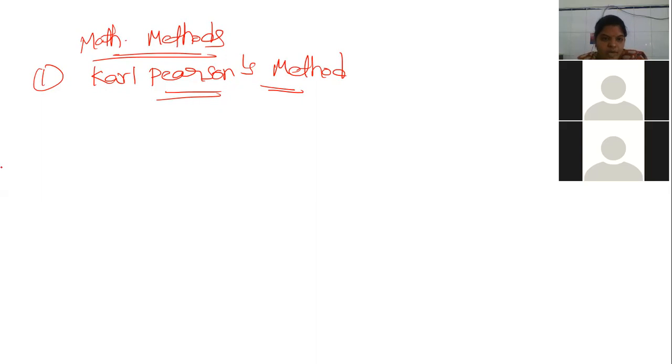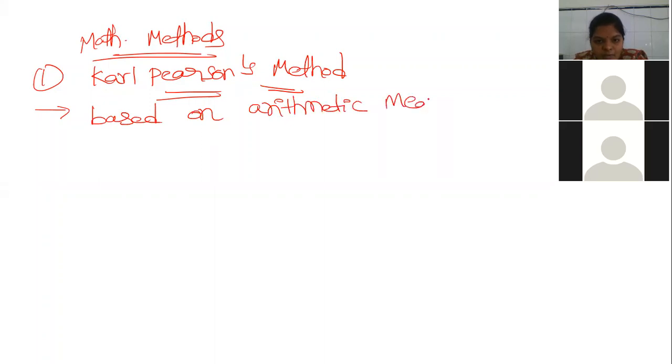Karl Pearson's, write down one point. Karl Pearson's measure of correlation is based on arithmetic mean and standard deviation.